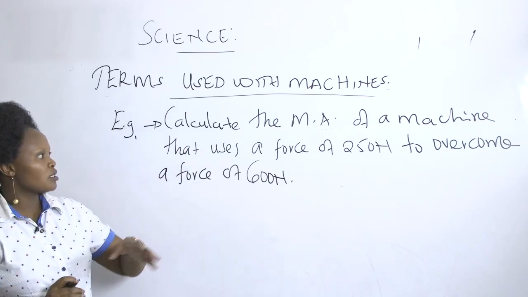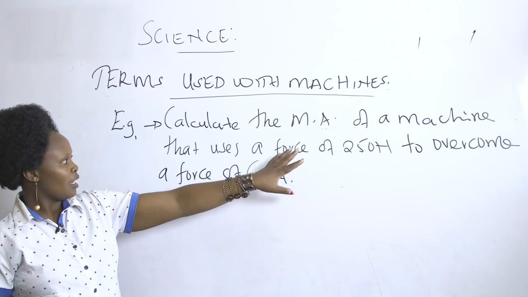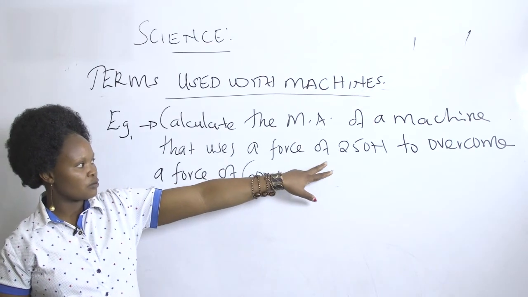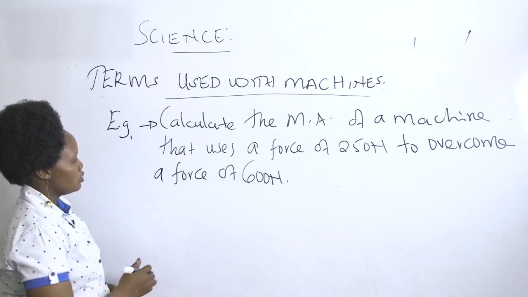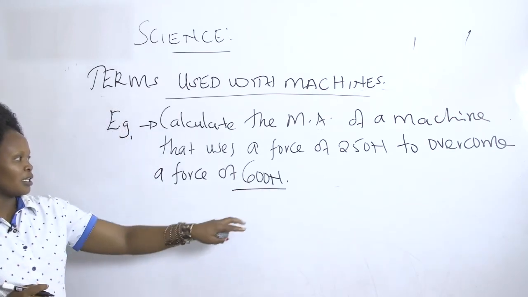The question requires us to get the mechanical advantage of a machine that uses a force of 250 to lift another one of 600 newtons.